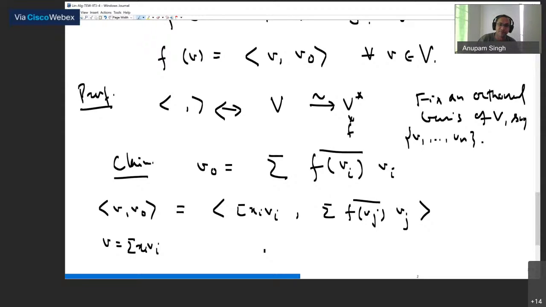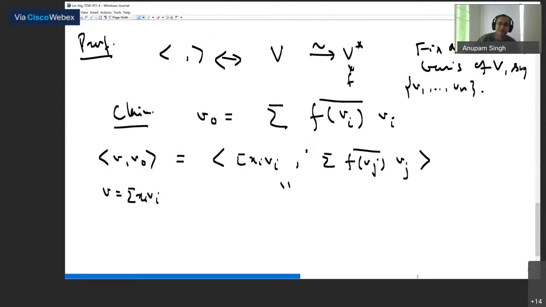Now we have chosen an orthonormal basis, right? So you will see that all the cross terms will become zero. The only terms that survive are when i equals j. So this will become only the summation over xi f of vi bar. Sorry, I cannot say j, I should say the same i. So let's correct this: this is the same i and vi.